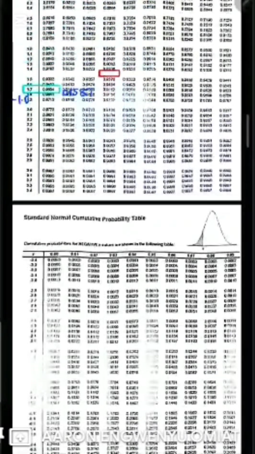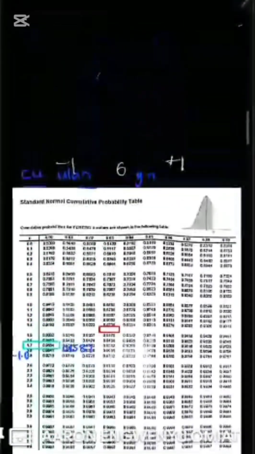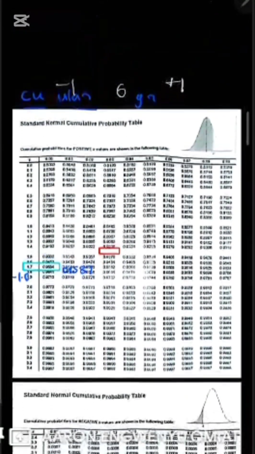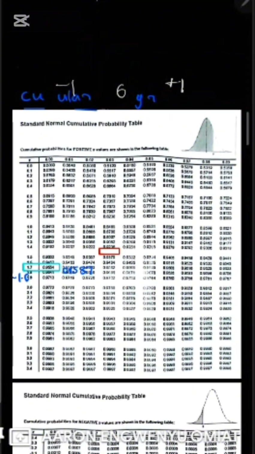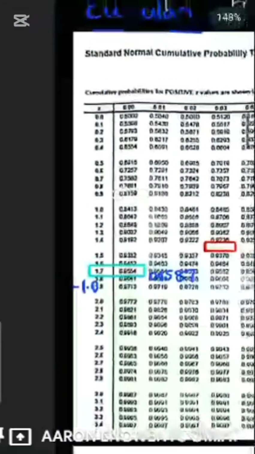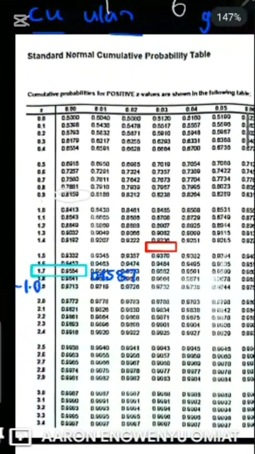Let me see if there's a positive table. So this is the positive table. Our 0.9, where is it? It's right here. You can read the value. Wait, is it 0.9? This is for positive. Z less than 0.9.